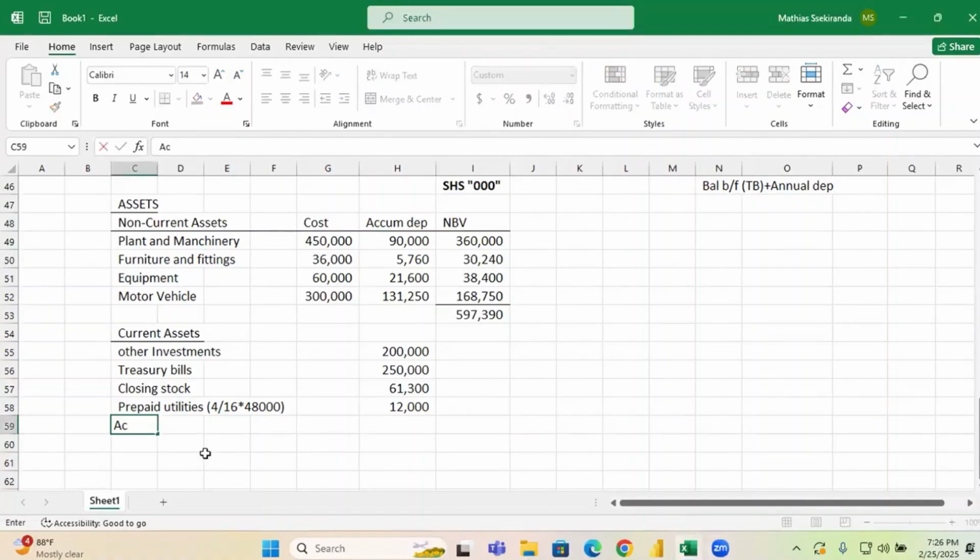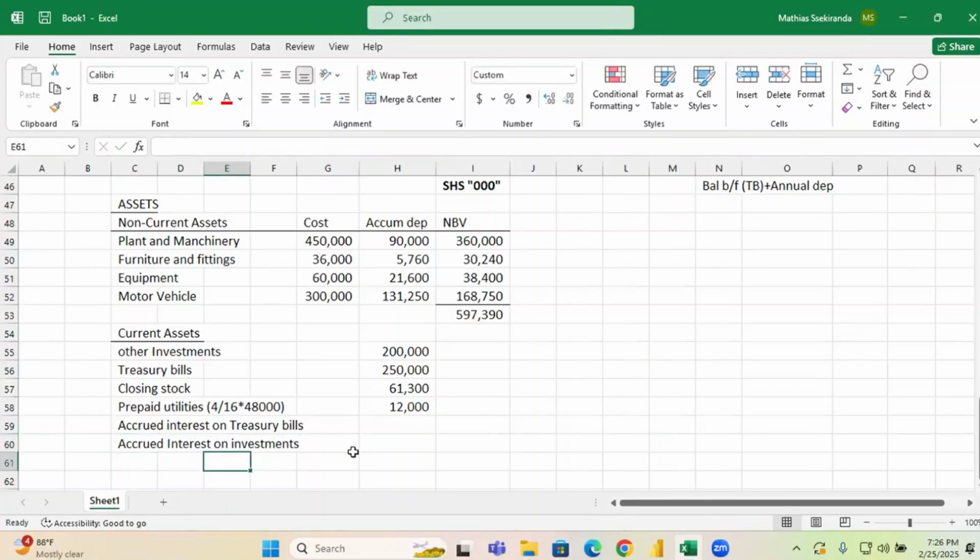Then we have, remember we had accrued, that is not number 4. We had accrued interest on treasury bills. Then we also had accrued interest on investments. These are assets. Remember we said accrued incomes are assets.